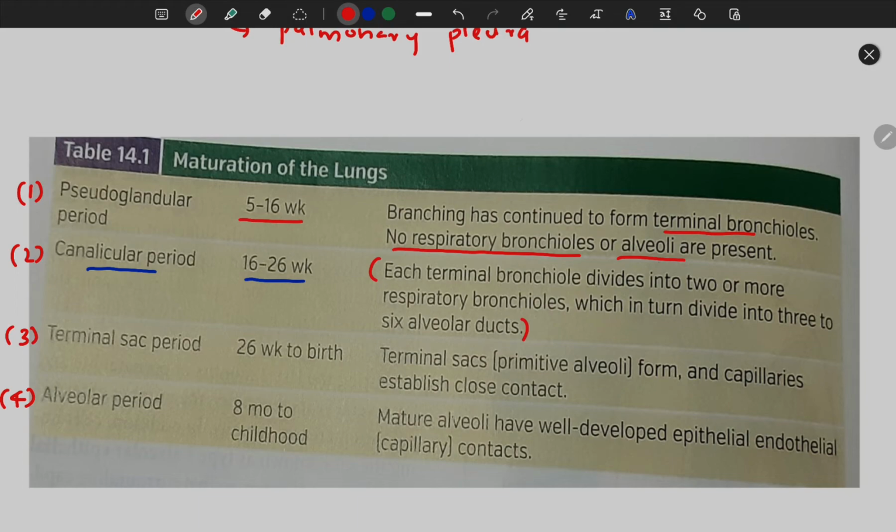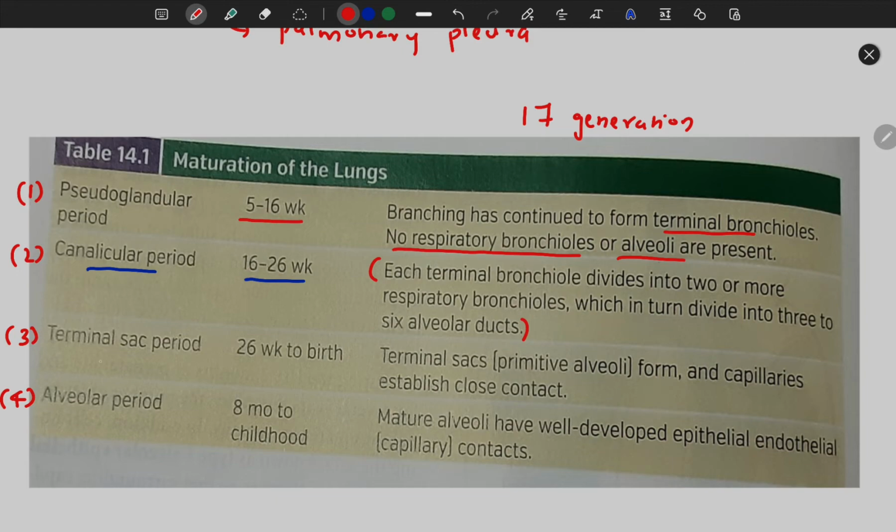So actually there are 17 generations or subdivisions. For example, the trachea divides to bronchus, it divides to bronchioles, and it ends by becoming the terminal bronchiole, respiratory bronchiole, and finally the alveoli. This generation will be dealt with in a physiology video about the respiratory system.